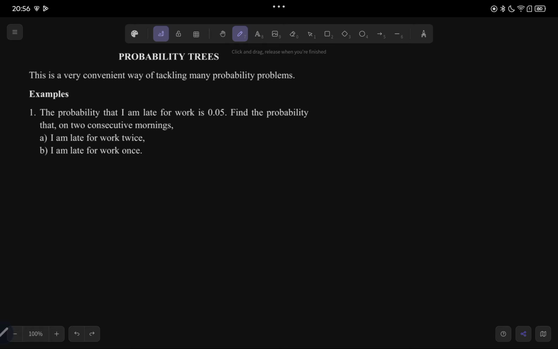First of all, we shall need to define our events. Let event L denote late for work.